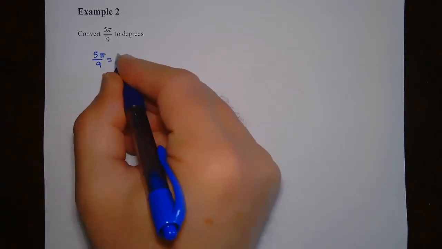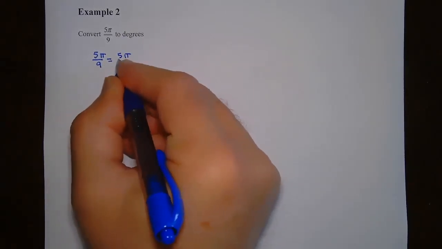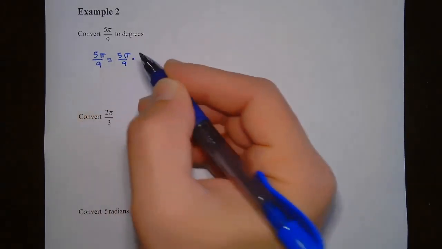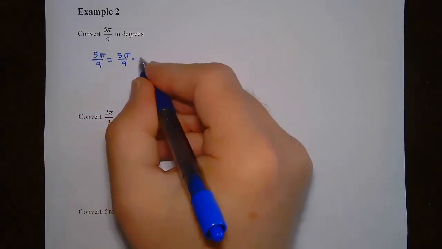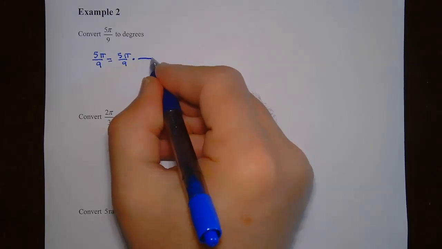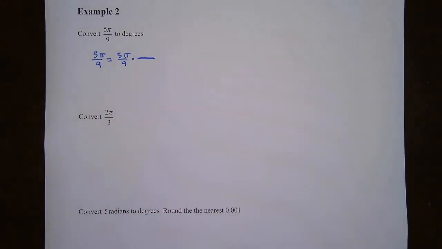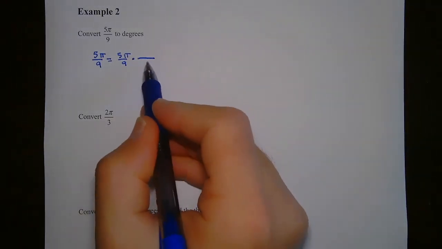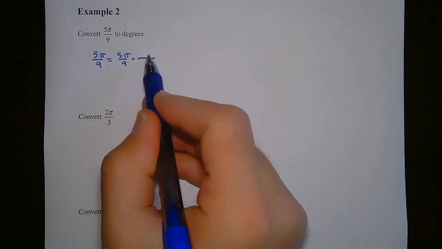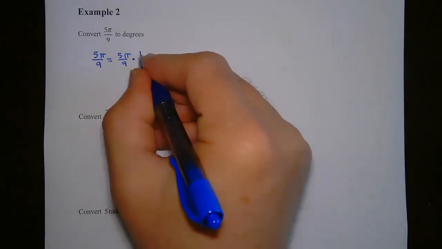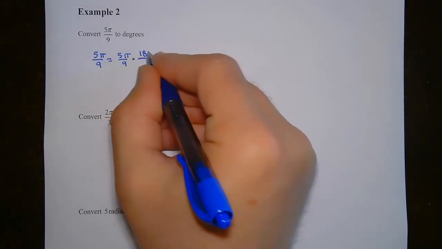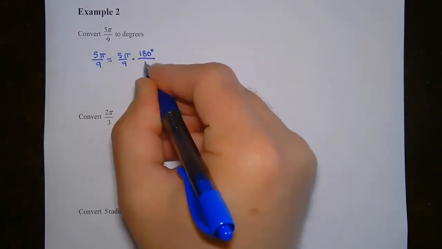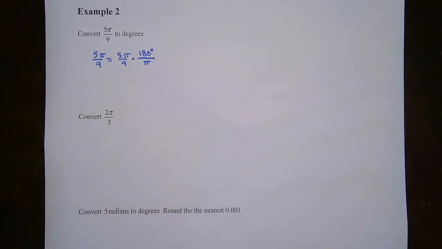And that's equal to 5 pi over 9 times, okay, and we want to multiply by a conversion here that will get rid of the radians, and we will get degrees. So I don't want to cancel degrees. So I don't want the 180 down here in the denominator now. I actually want it in the numerator. So, okay, so I know this is 180 degrees, and this is pi radians. So I want to multiply by this, okay?